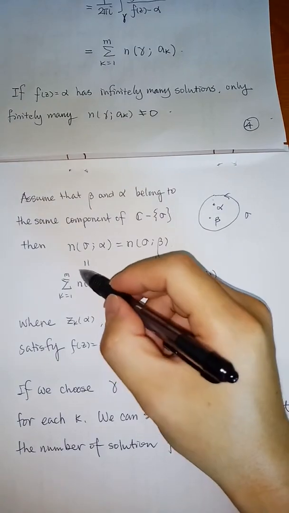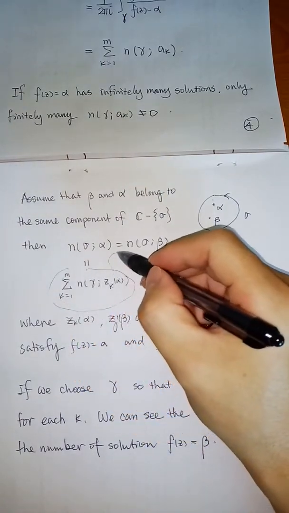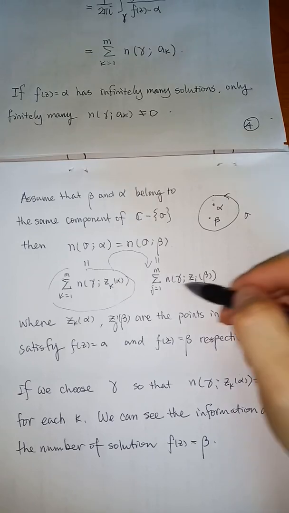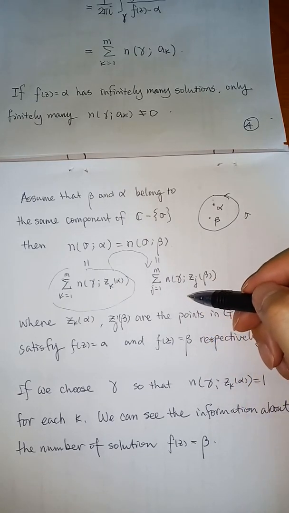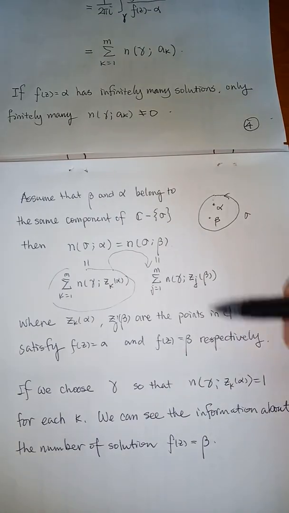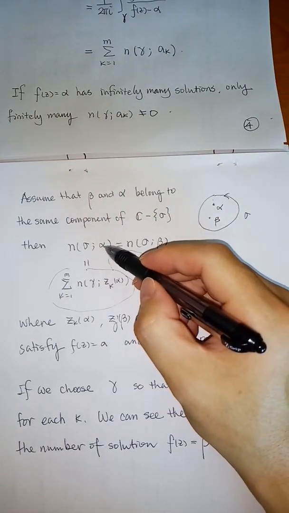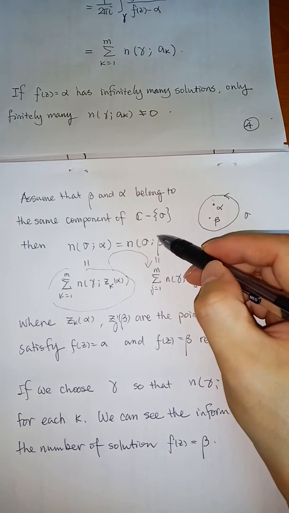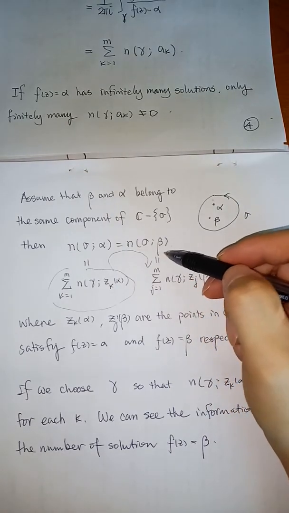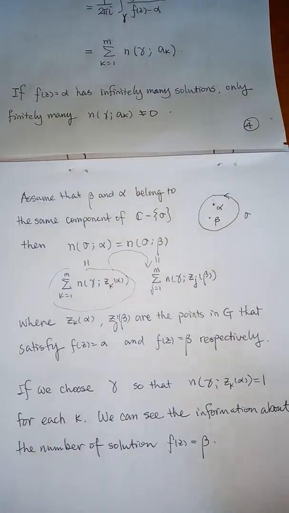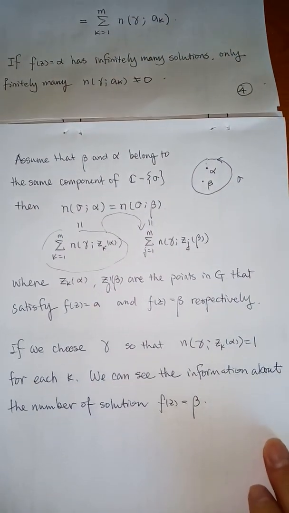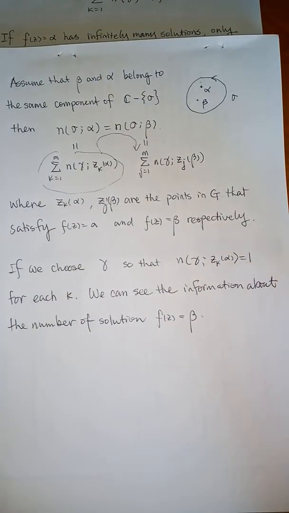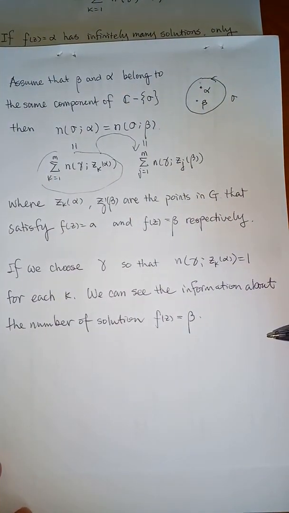You go through this line, and you get the information about the solutions in this part. So that's basically what the process talks about, because at first you only know the information about one point. We want to know the information about points in the neighborhood, when beta is close to alpha, at least in the same connected component. So that's what we just discussed.